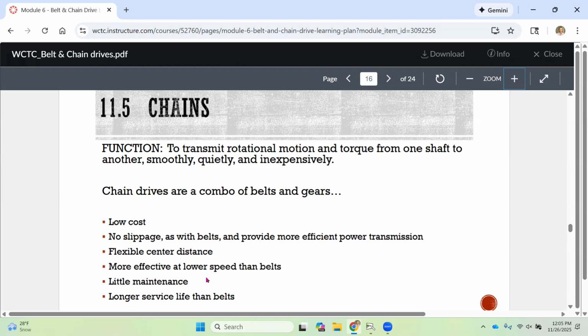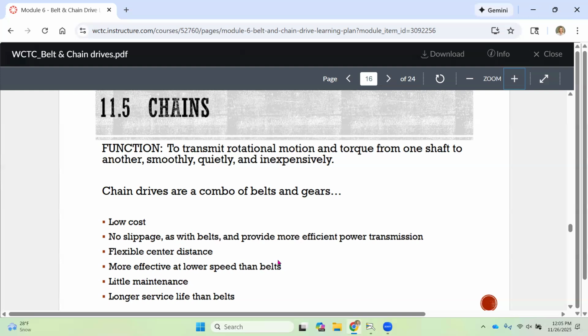Chains also offer us that ability to not slip like belts do. Now, that can be a positive, especially when we're trying to transmit higher forces and torques at lower speeds, okay? But it can also hinder us where we can end up maybe damaging more machine elements because we don't let go, if you would, okay?